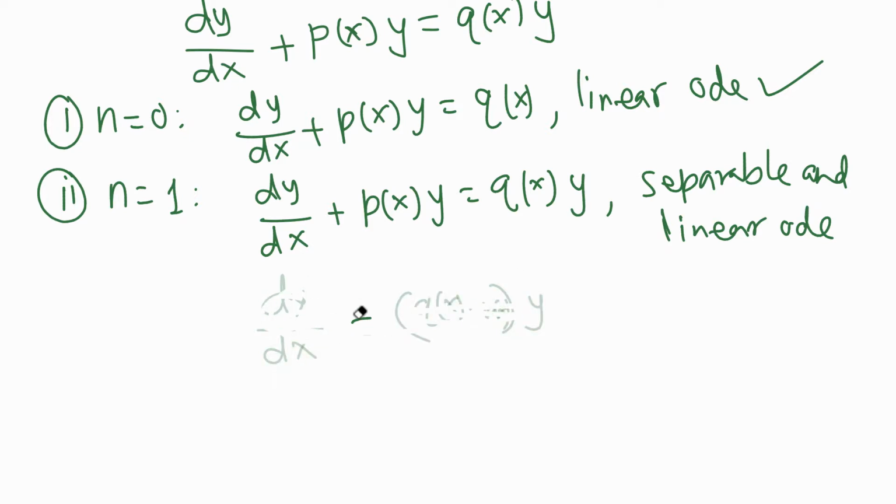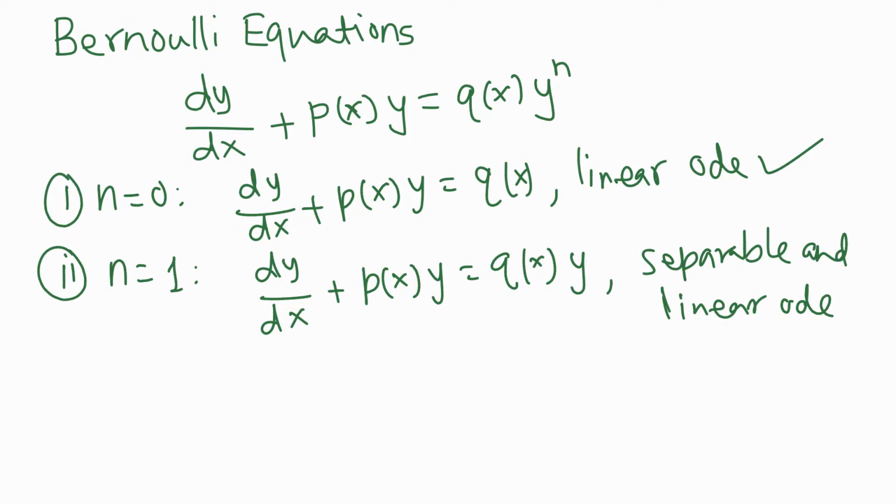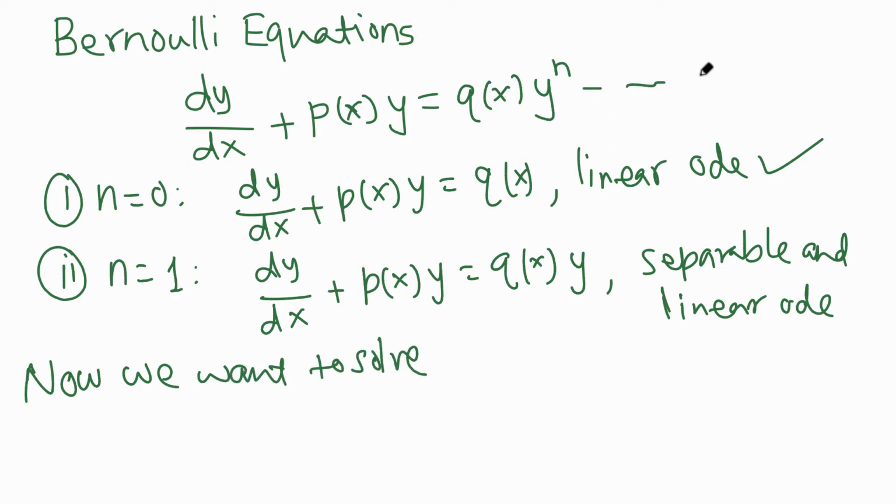Now the issue is when n is not equal to 0 and not 1, then how to solve this? Let's call this equation star, for n not 0, not 1.